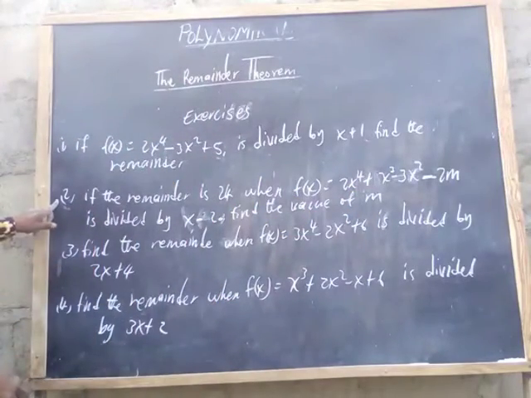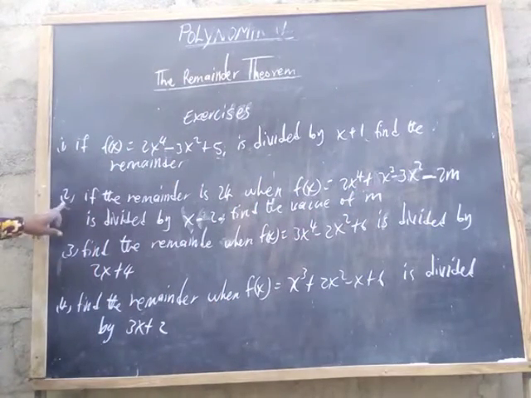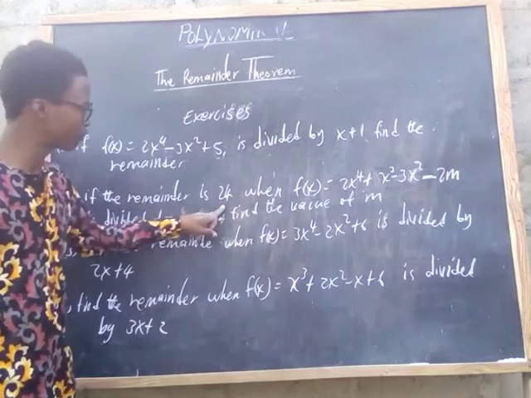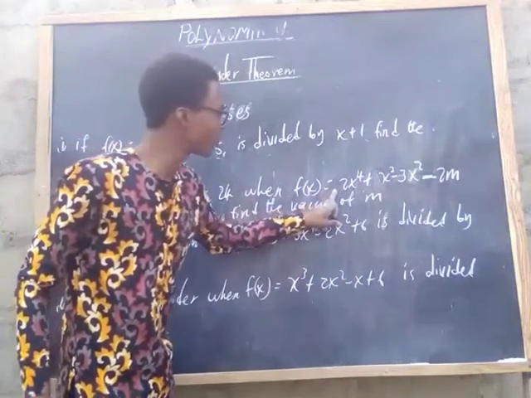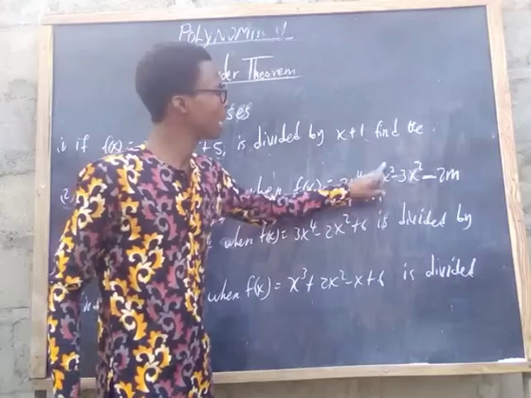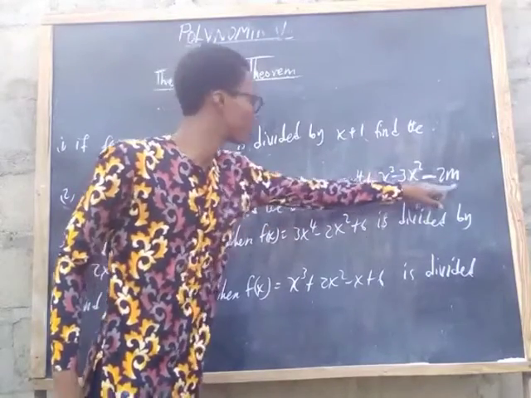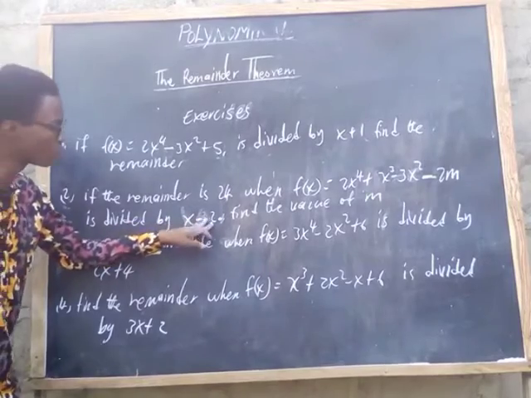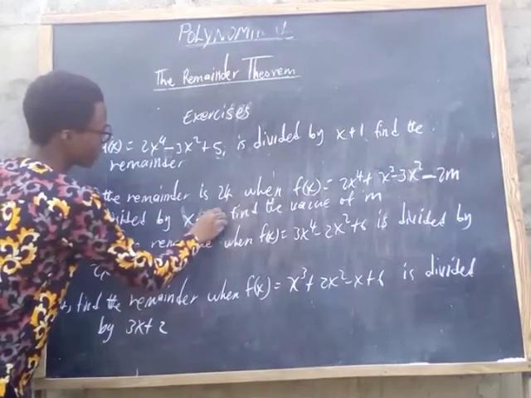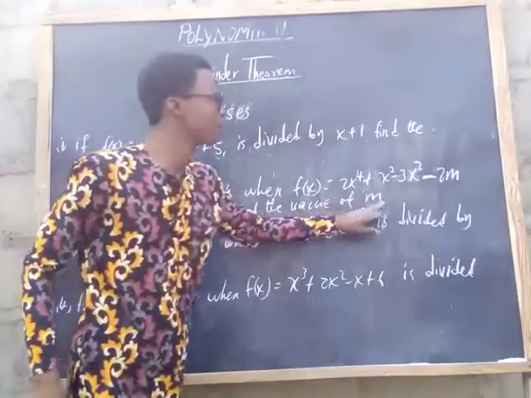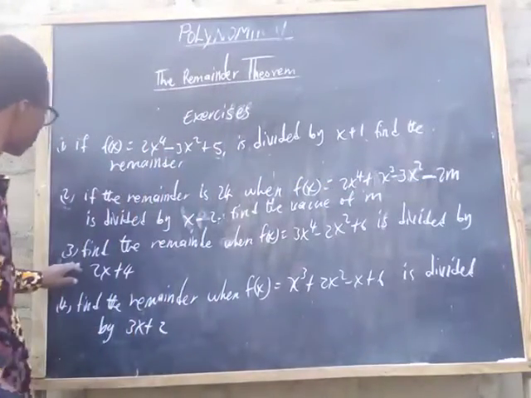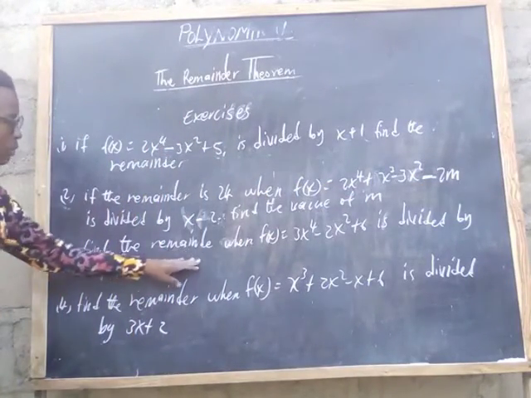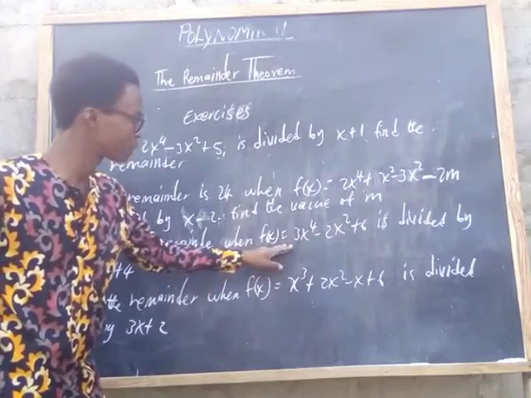Good. So we say exercise 2. If the remainder is 24, when f of x is equals to 2x fourth plus x cubed minus 3x squared minus 2m is divided by x minus 2, full stop, right? Find the value of m.